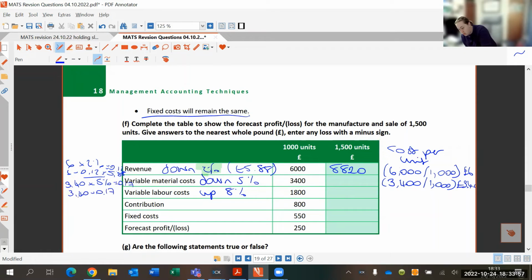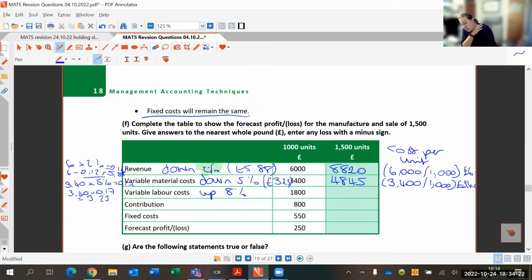That gets you £3.23. So that's now going to be £3.23. We multiply that up by the 1,500: 4,845.